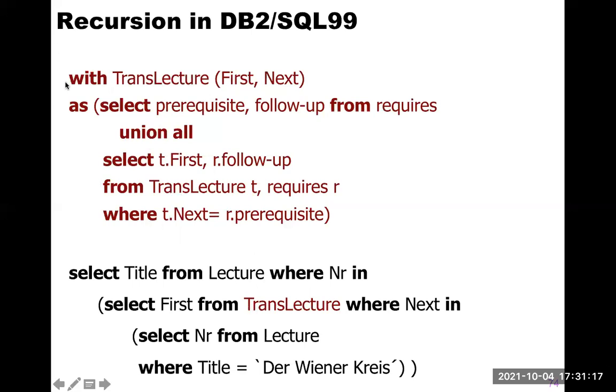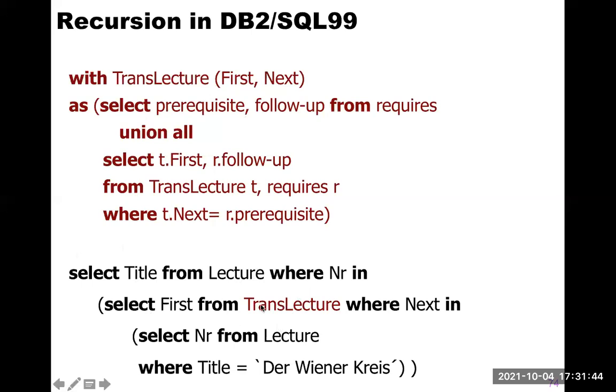I say, I'll use this name to describe that recursively collected table. With translecture as this query, let's select data from lecture and so on, and then use this translecture somewhere in my query. And here I have not only direct connections between lectures, but all the transitive connections between lectures.